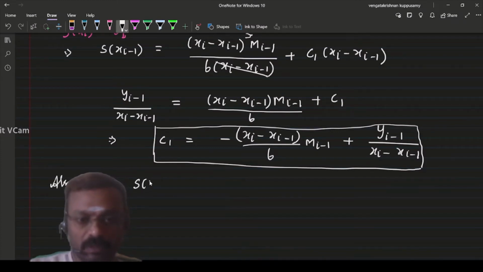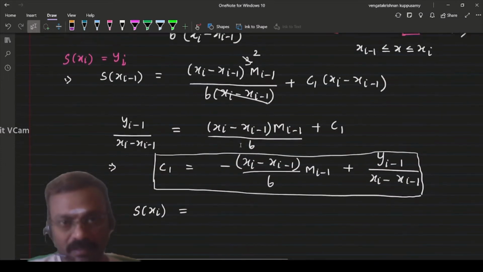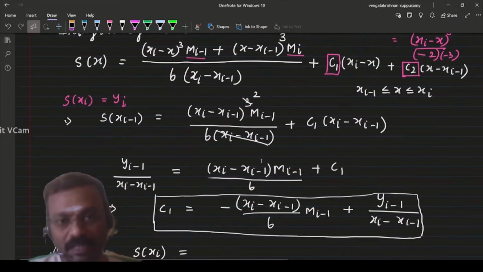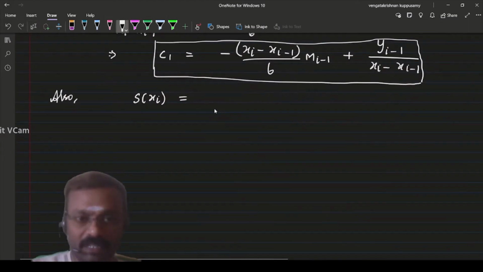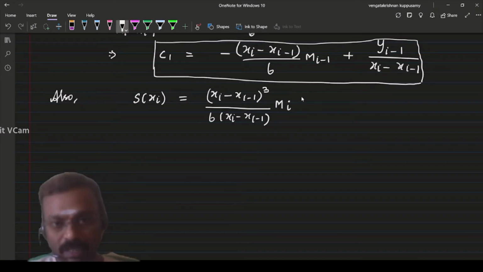Also, S of x_i is equal to, now in this formula, if you substitute x is equal to x_i, the first term will go off. So from the second term we have (x_i minus x_{i-1}) the whole cube by 6 into (x_i minus x_{i-1}) into m_i.